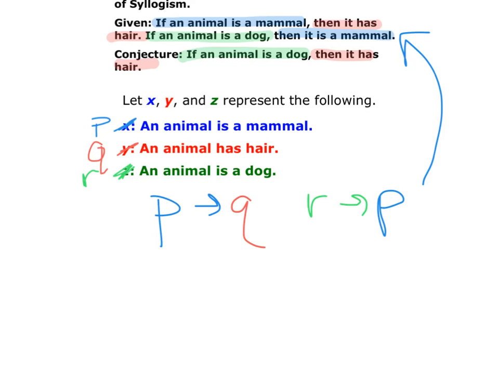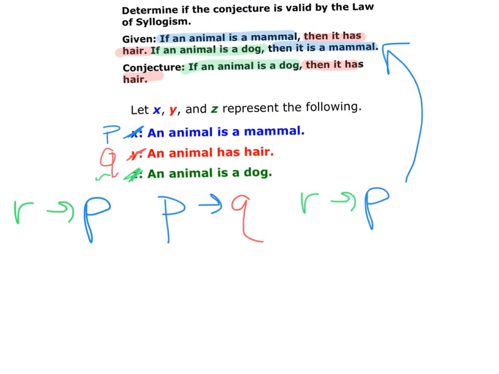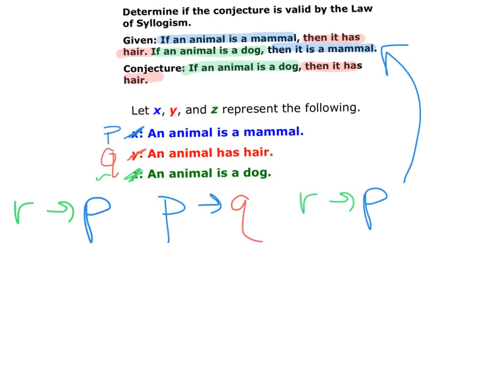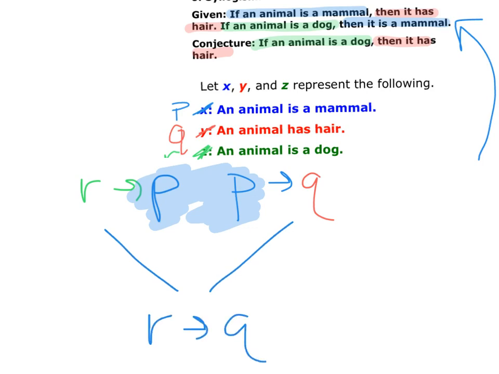No, but we could move this over here and erase this one. Now are the two middle ones the same? So we have the conclusion of one is the same as the hypothesis of the other. So therefore we can imply that if R, then Q.